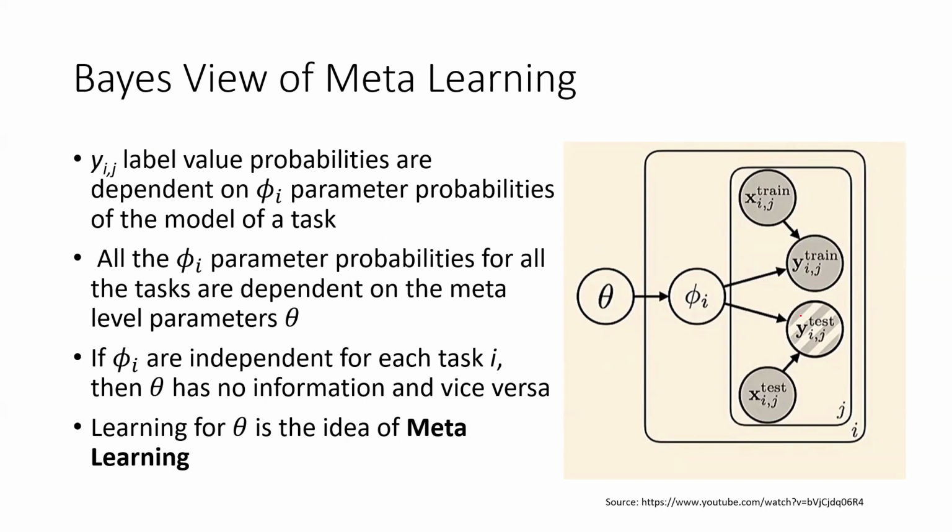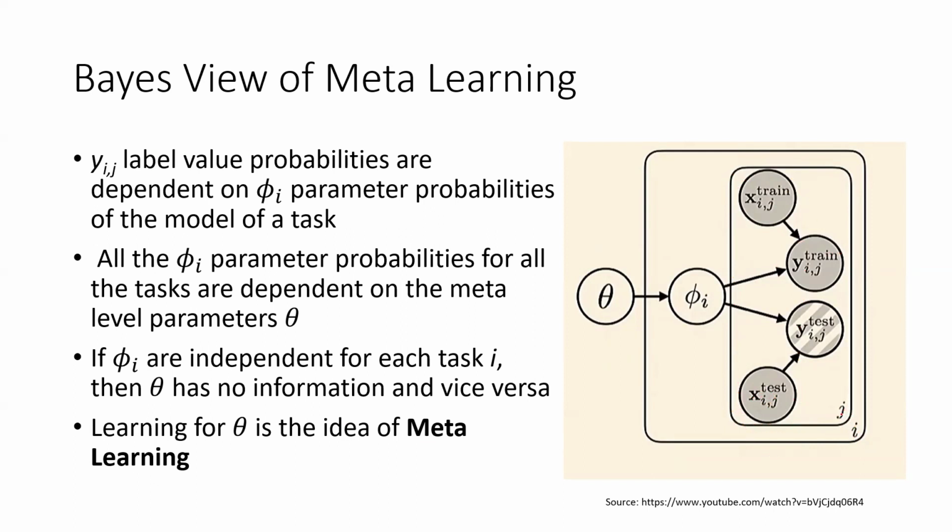This is the mathematical representation of the Bayesian view. This is known as a probabilistic graphical representation. These circles represent random variables. When these random variables are related to the i or j variables, all of them that are relevant to that particular variable are included in a box known as a plate.